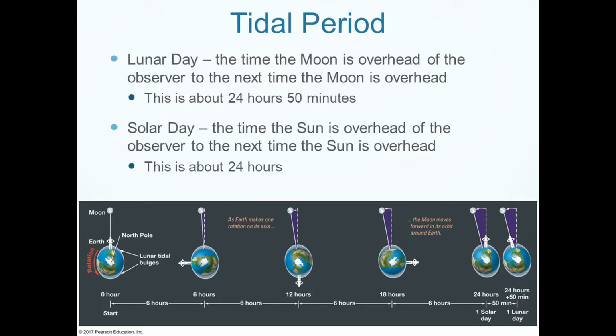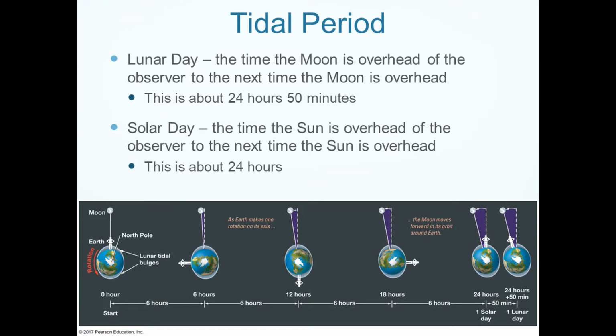You have a tidal period, just like wave periods. They all have different timing, and so you have what's known as a lunar day and a solar day. Depending on which one you're looking at, this will vary. A solar day is what we use every day.